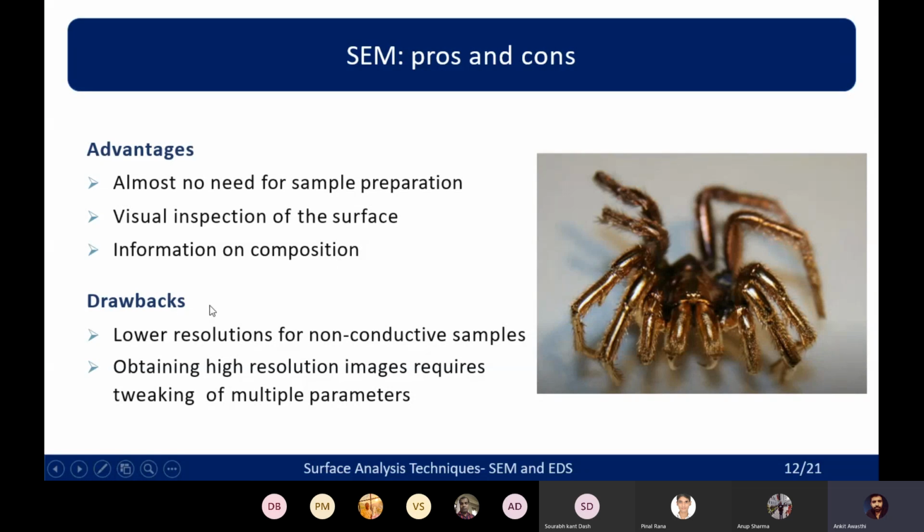But the main problem with this is performing the analysis on non-conductive samples. Here I am showing one non-conductive sample, some kind of microbacteria. For performing these analyses on these kinds of samples, we have to do coatings, which I think Penal has also done when he performed some analysis, and I have also done this coating when I am doing the SEM analysis of iron oxides.